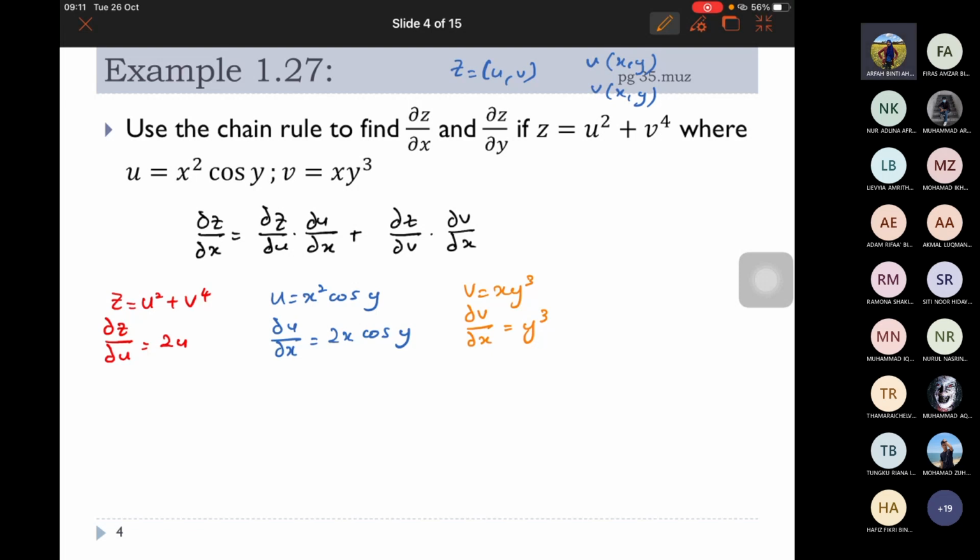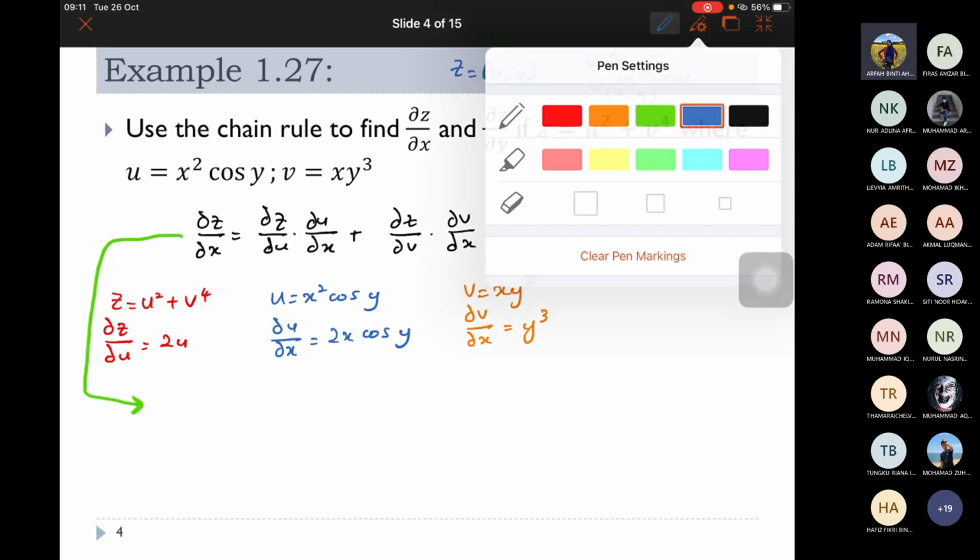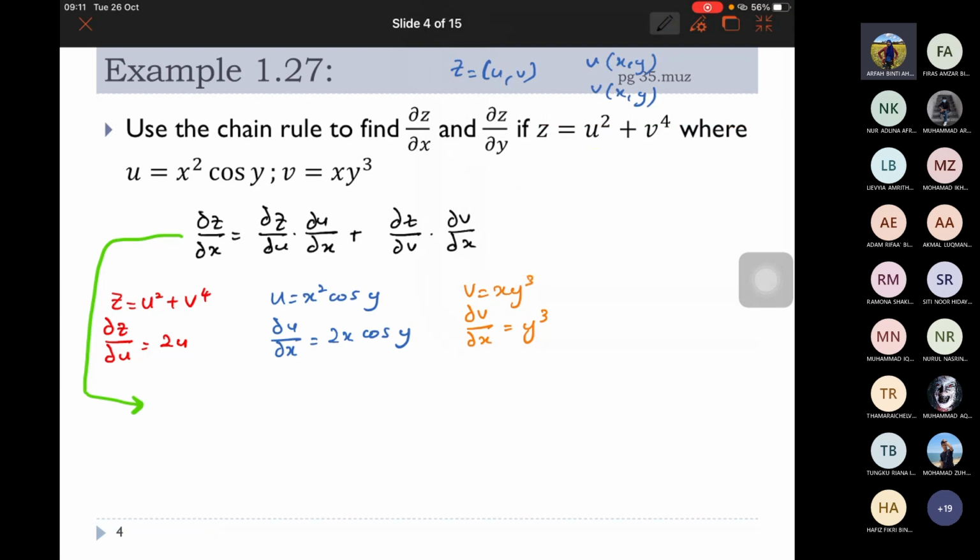Masukkan dalam delta z over delta x. What will you have in the formula? Okay. So by using this formula, delta z over delta x akan sama dengan delta z over delta u, 2u, delta u over delta x, 2x cos y, plus delta z over delta v.